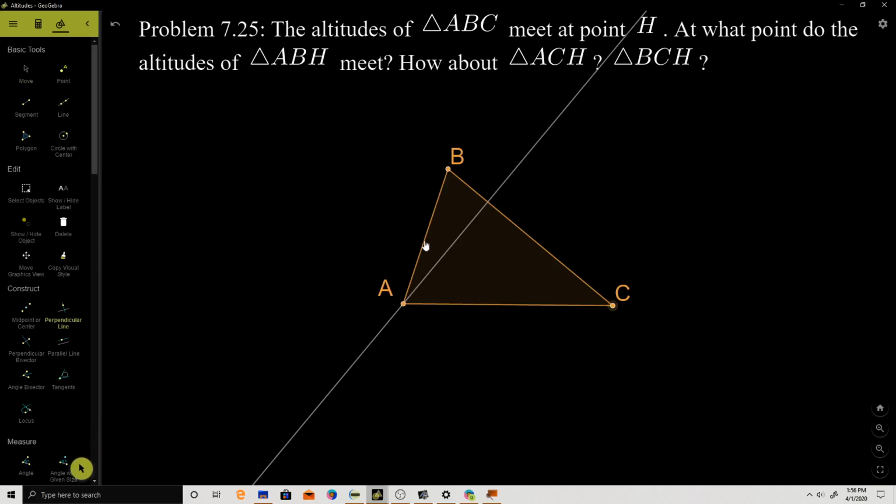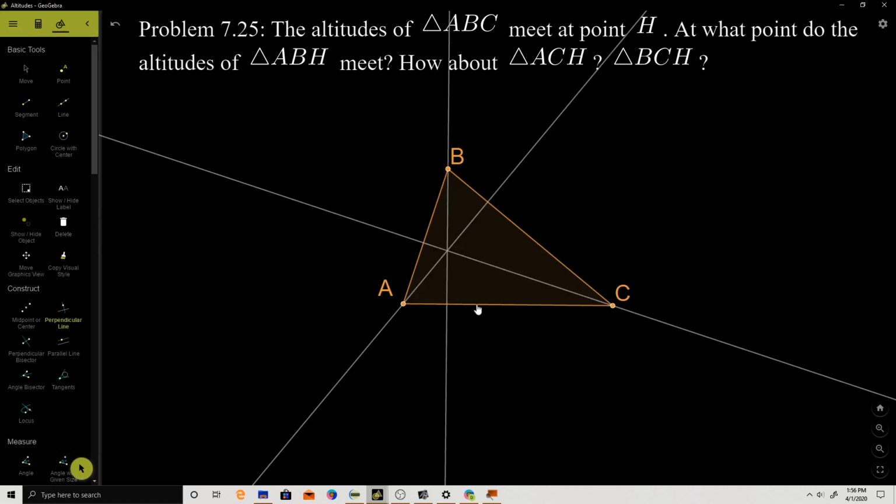Perpendicular line from C to AB and from B to AC. And they're all meeting at that point right there, the orthocenter, which I will call H. So, it wants us to figure out if the altitudes are meeting at point H, how about triangle ABH?